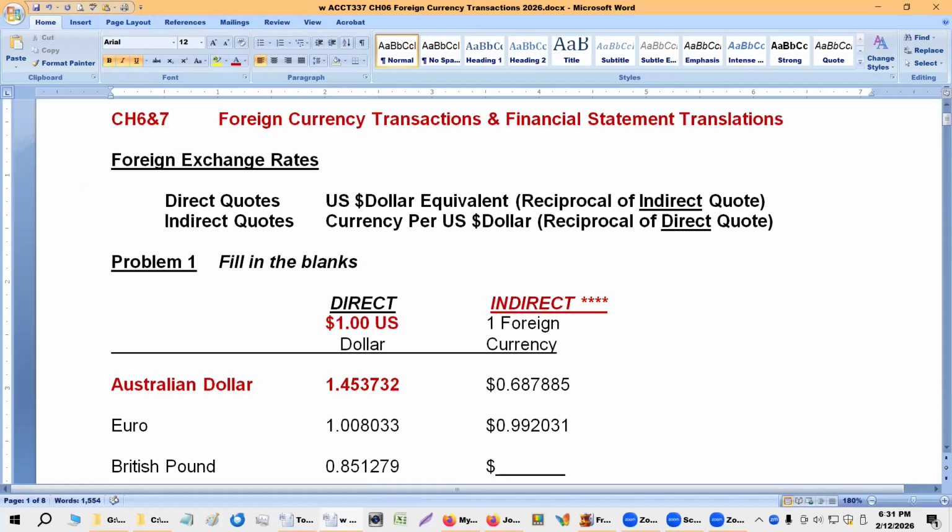See those stars, that makes us happy, but also that's what we're going to be using. So if we have a company in Australia and this is the exchange rate, this is what we're going to exchange into US dollars when we make our US financial statements. Every dollar they have in Australian dollars for sales, for example, we're going to translate into US dollars.